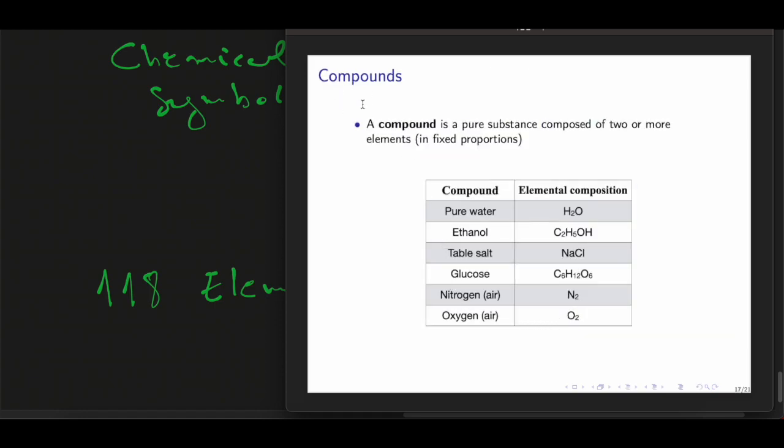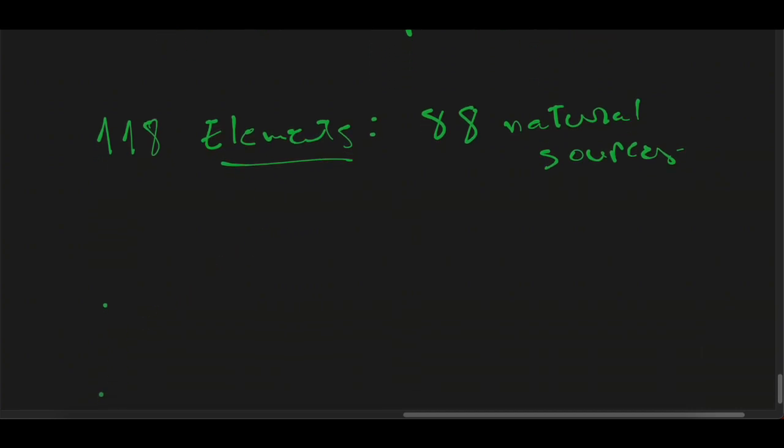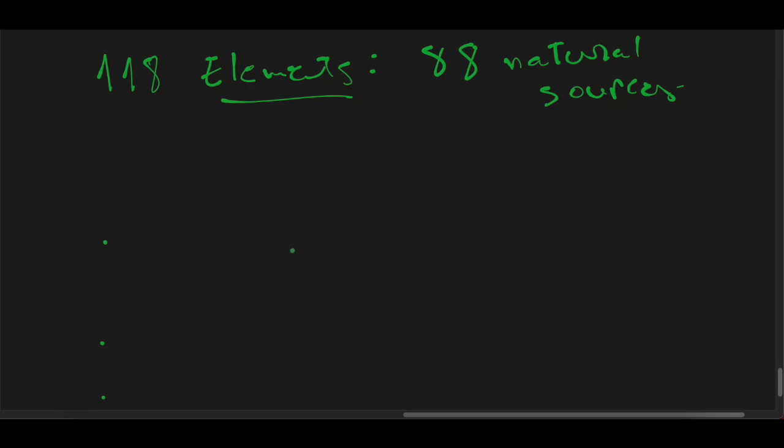Now let's talk about compounds. What is a compound? A compound is also a pure substance composed of 2 or more elements in fixed proportions. Elements cannot be separated into simpler particles, but if we combine elements, we can form a compound.